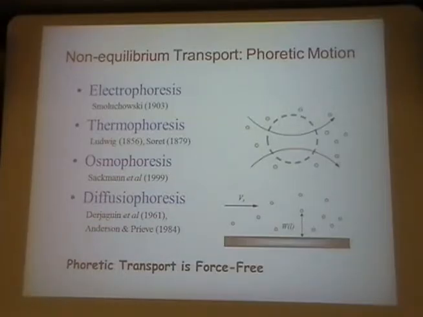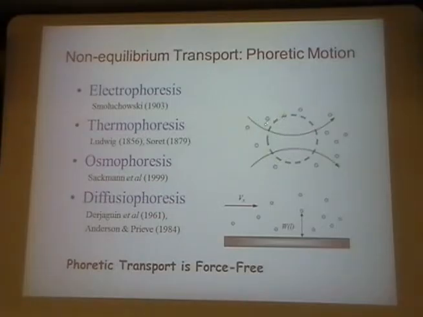If you change the potential that you are applying, all you need to do is basically generate some kind of generalized thermodynamic potential gradient which will generate, basically within the context of linear response theory, net motion. So thermophoresis is motion under external temperature gradient, and this has been in fact studied since the 19th century already.